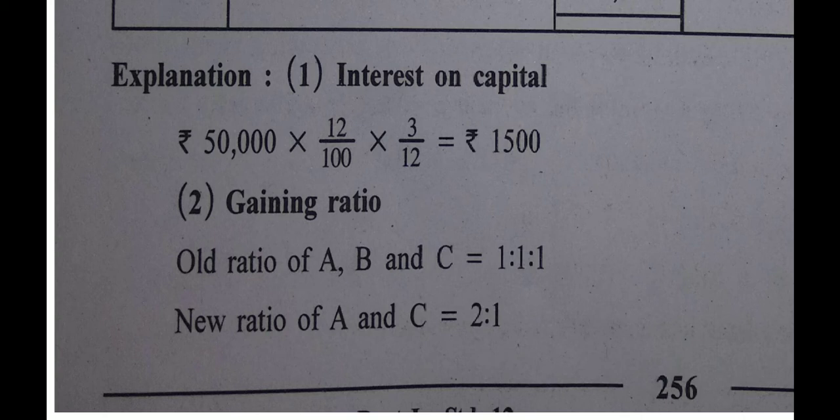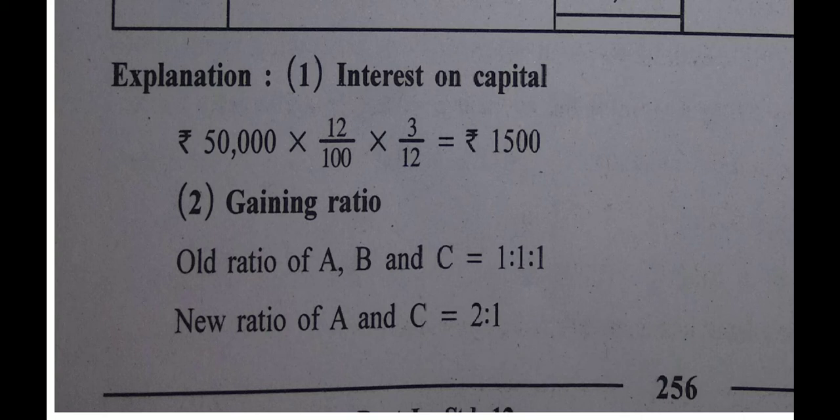Yes? The partner died before completion of the year, just after the 3 months of the beginning of this year. So interest on capital is to be calculated and given only for 3 months.